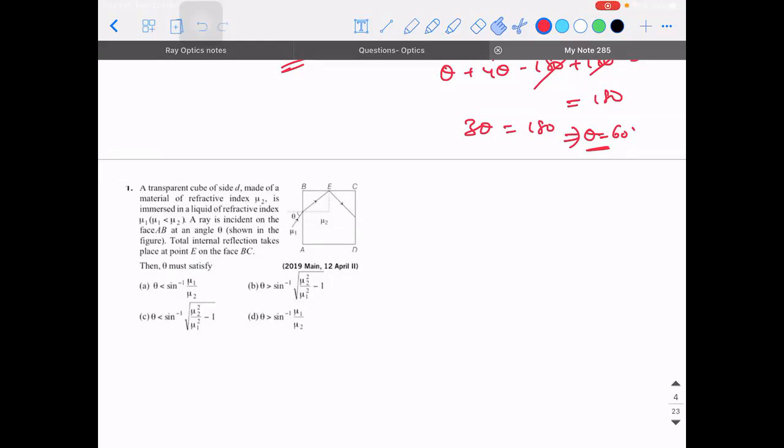Then theta must satisfy... So how to do? So let's try to proceed.